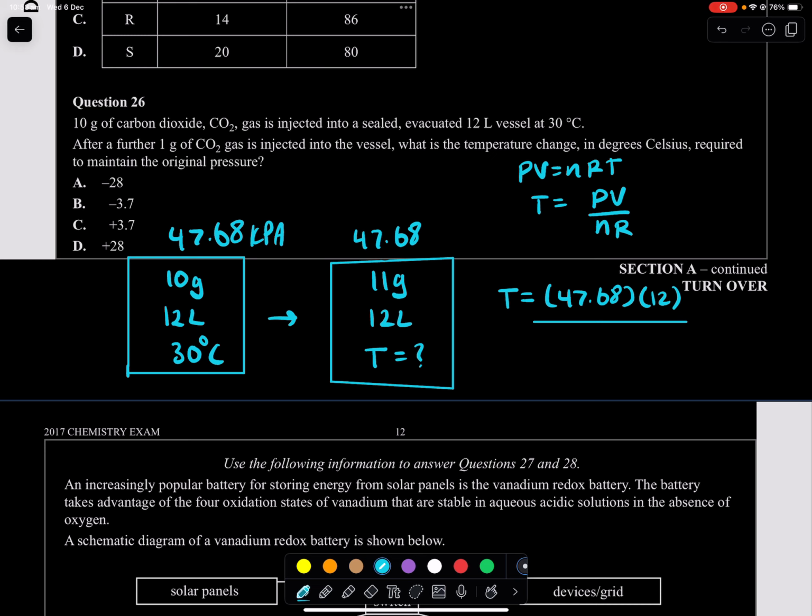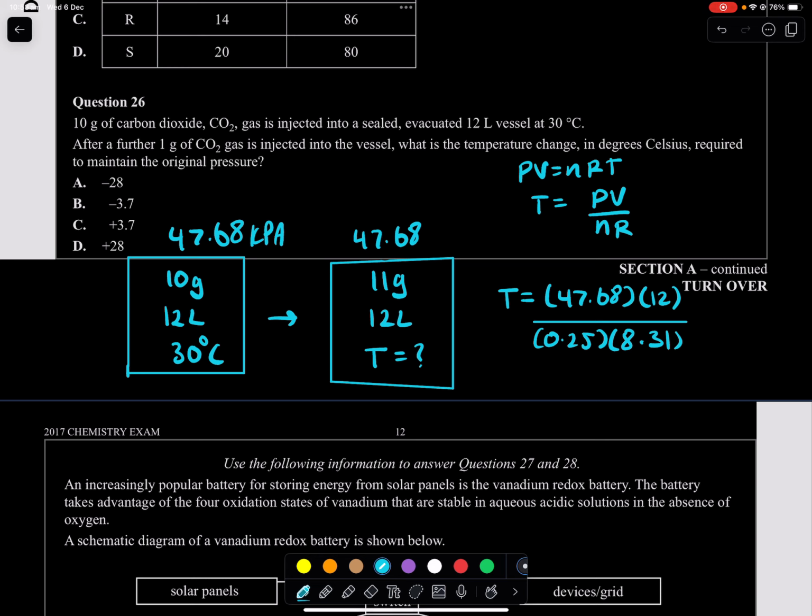So the moles, and remember here we have 11 grams, the mass divided by the molar mass, which again is 12 plus 16 times 2, and that gives us 0.25, times your R value, which is 8.31, that constant.